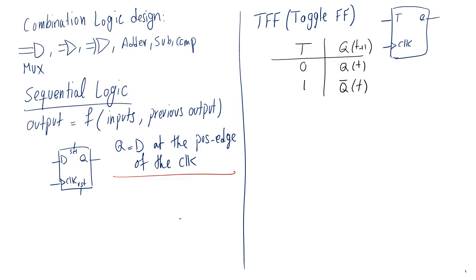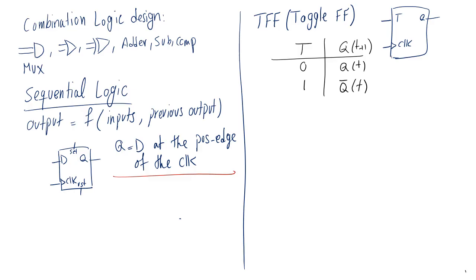If T is 0, if the input is 0, your output is not going to change. If the input is 1, your output is going to toggle. It's going to go to its not, right? So nothing too complicated. It's just a new kind of flip-flop.